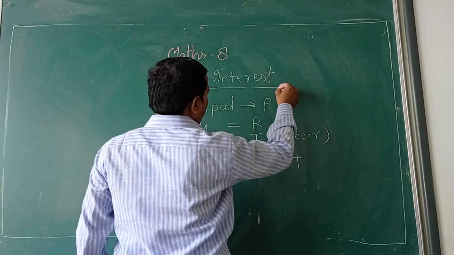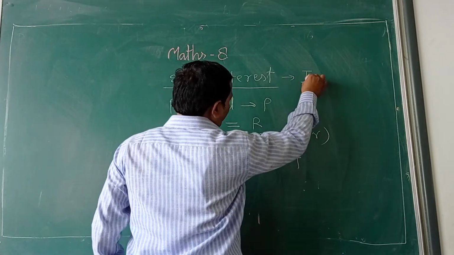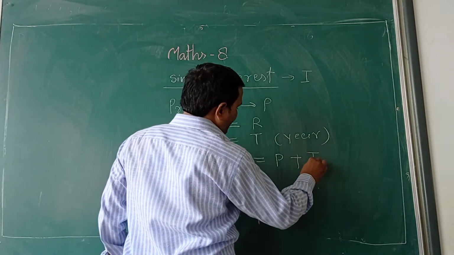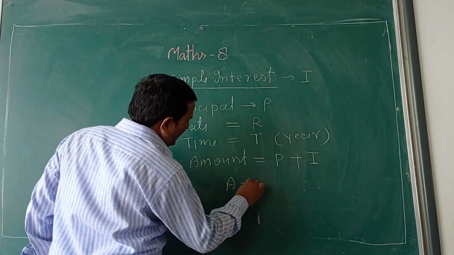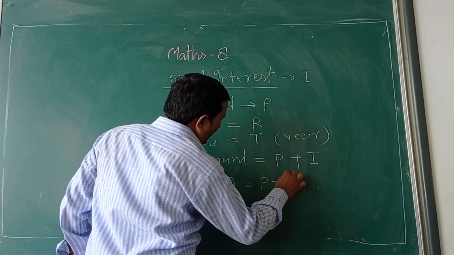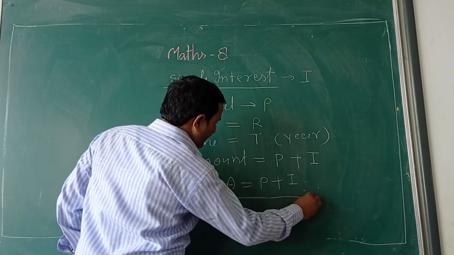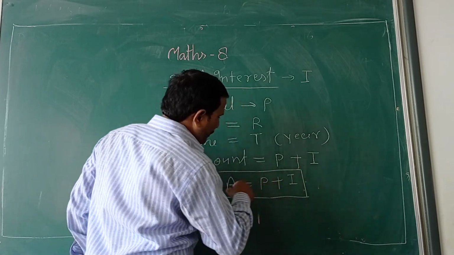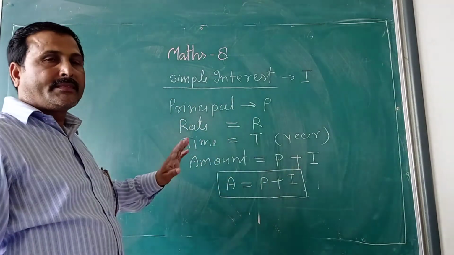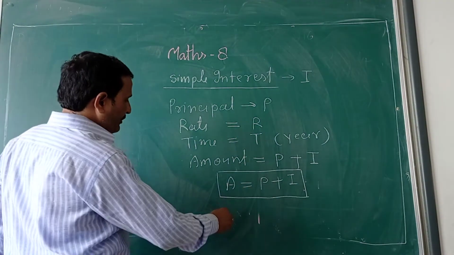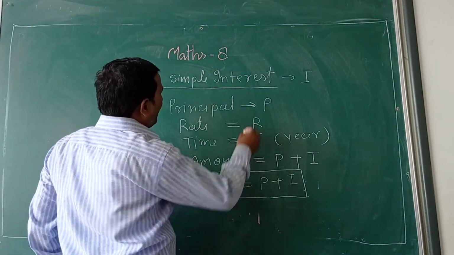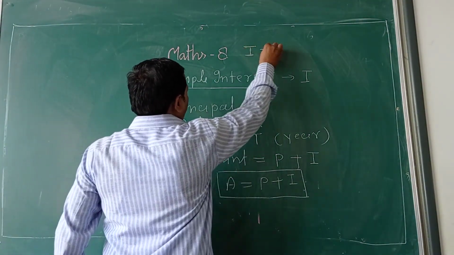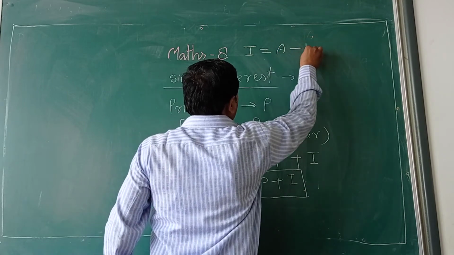Amount is equal to principal plus interest. You can call this the maturity or amount. From here you can calculate interest: I is amount minus principal.